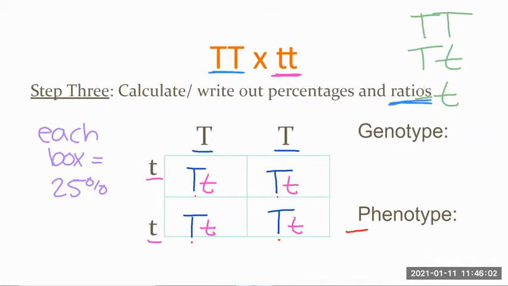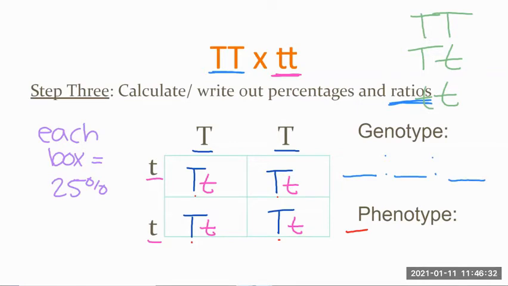Ratios. For the ratios, we're comparing how much of each we have. For the genotypes, remember we have these 3 options. So we're going to compare how many homozygous dominant we have, how many heterozygous we have, and how many homozygous recessive we have.